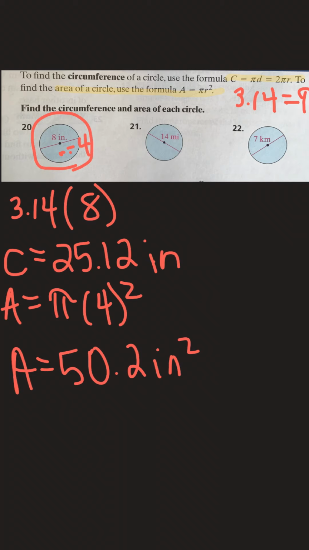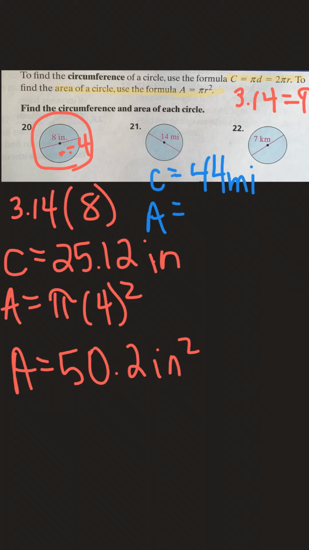Okay, for number 21, same thing. The circumference is going to be 14 times pi. So the circumference is going to equal 44 miles. And the area, half of 14 is 7. 7 squared is 49.